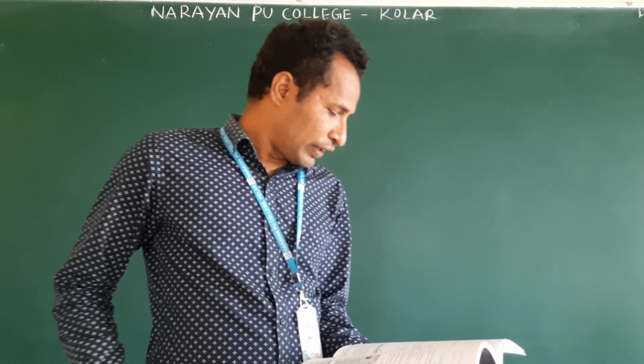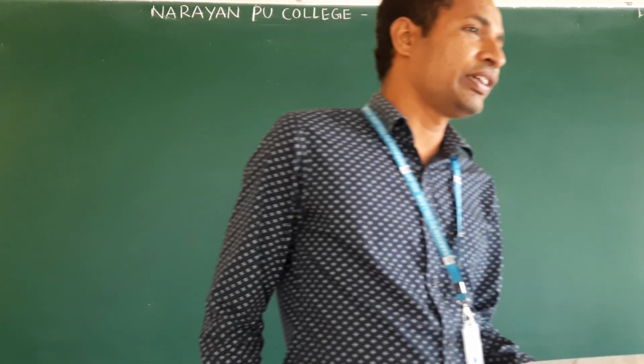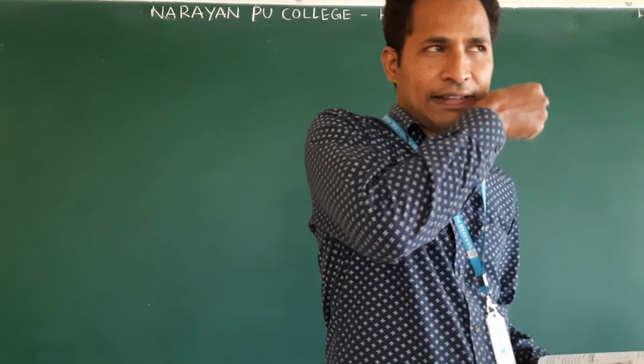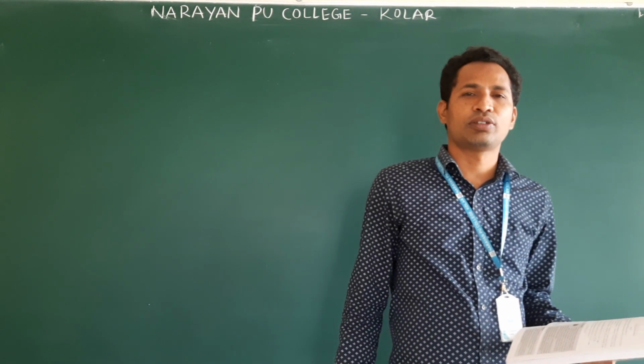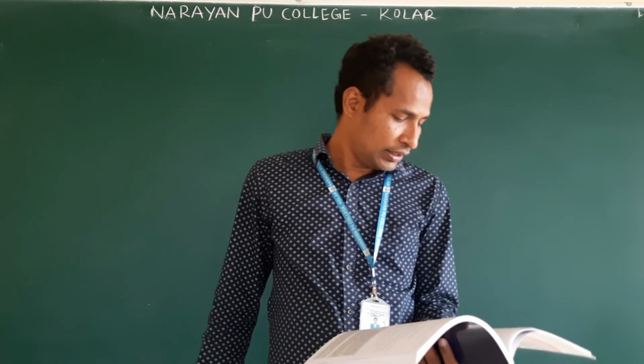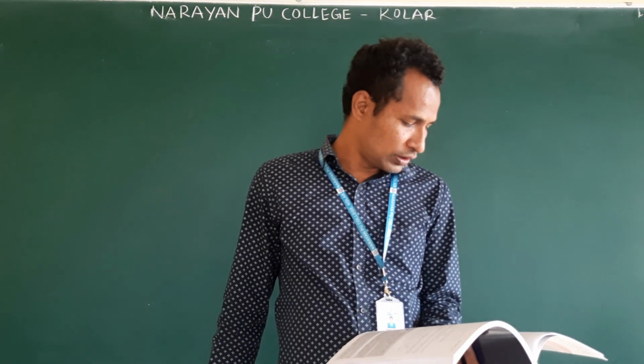Next, energy of atom. This we calculated using potential energy and kinetic energy. So En is equal to minus 13.6 eV by n square. Clear?